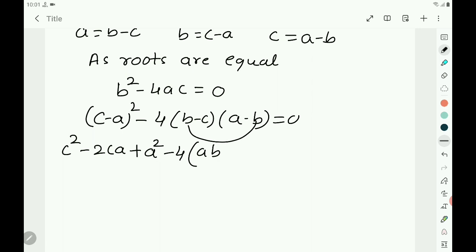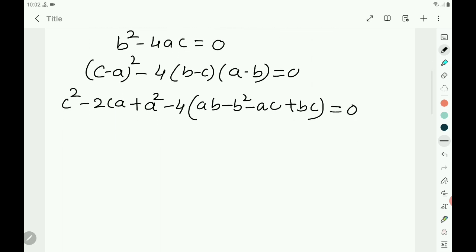b into b is b square, that is minus b square, and minus c into a is minus ca or ac, minus ac, and minus c into minus b is plus bc, equals 0. Then write c square minus 2ac plus a square. Then you multiply each.